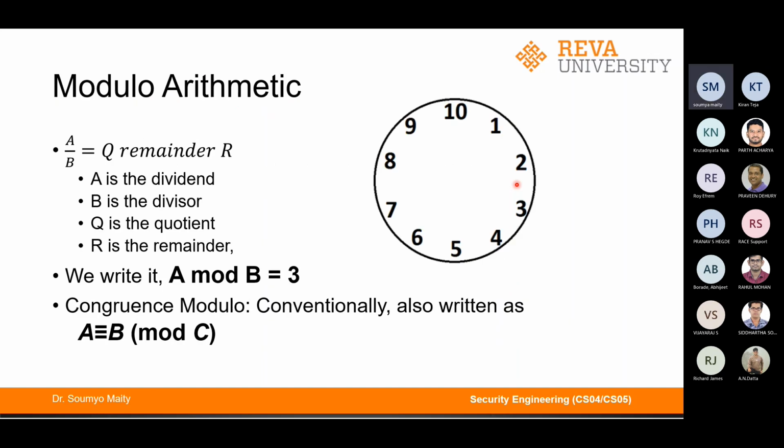Now let us quickly touch upon modular arithmetic once again. Last day we learned that A divided by B equals a quotient with a remainder R, right? That means if I divide A by B, there will be a quotient Q and the remainder R. From our childhood, we never gave any importance to this remainder. Whenever we got a remainder during a division, we said, oh, again a remainder.